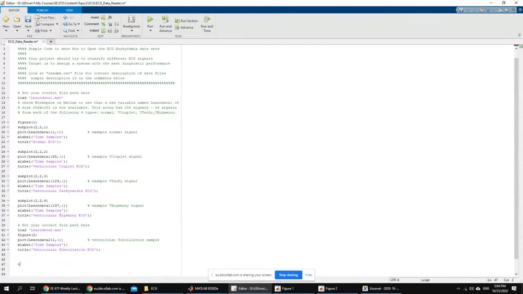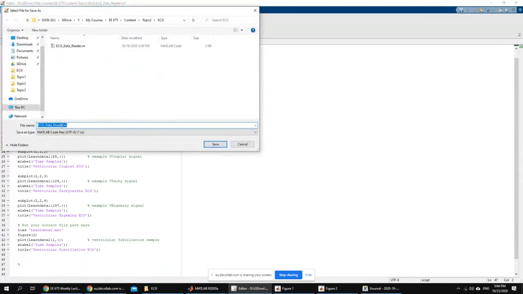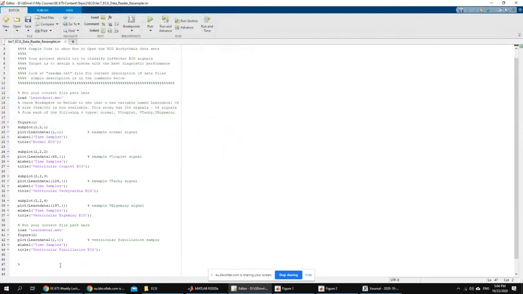Let me save that first as a new file, Reader Resampler, and put it in lecture 7. So this is the resampling part.